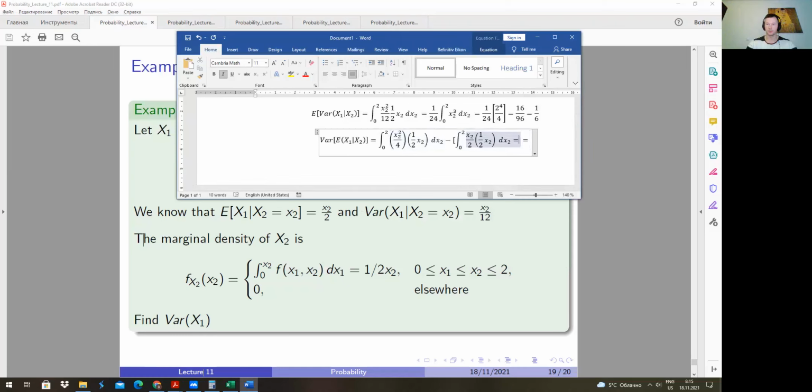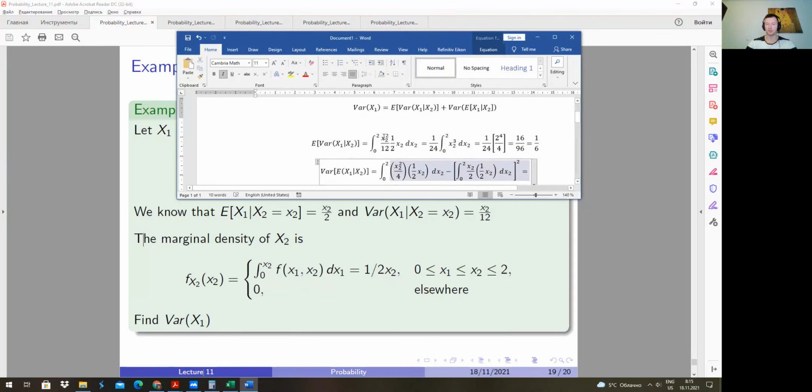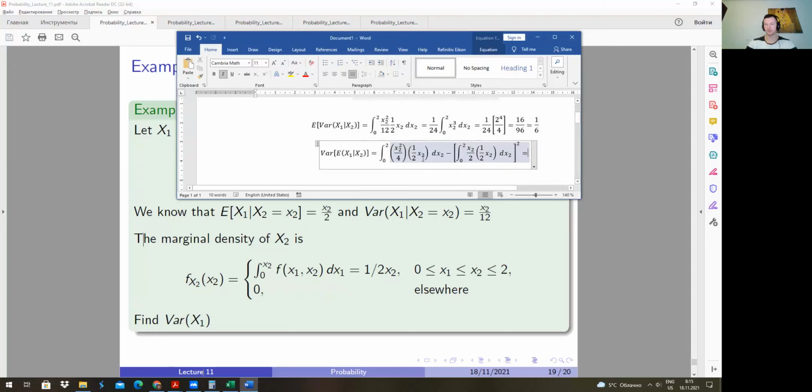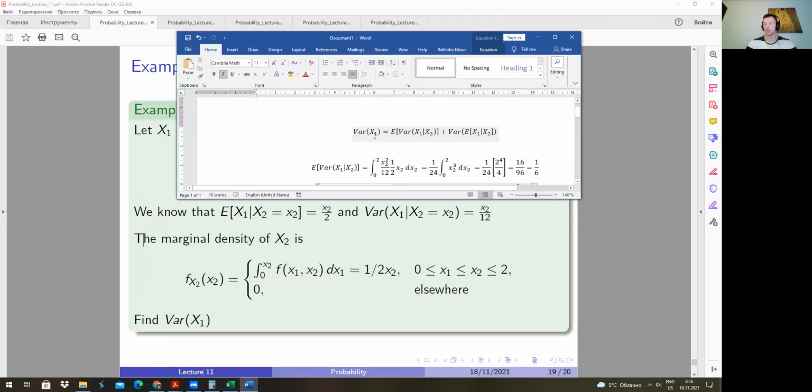So this is the expectation of a square, and this is the square of the expectation. When you find this difference, you add it to 1/6, and you will get the unconditional variance of x1.